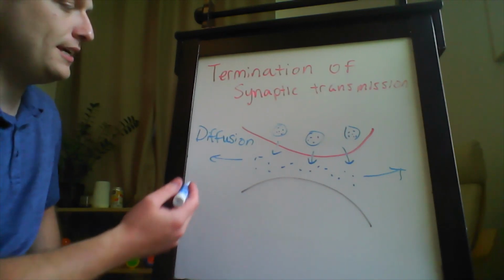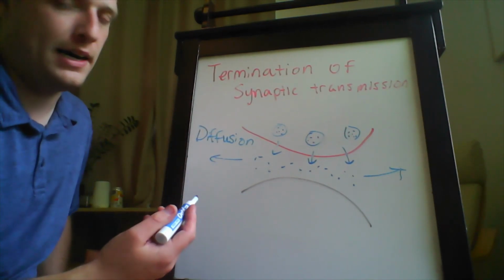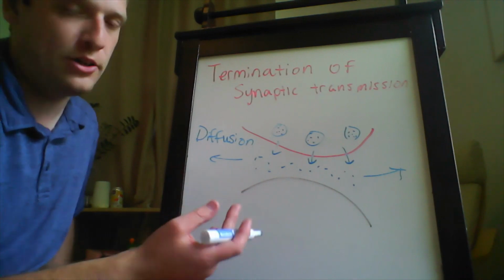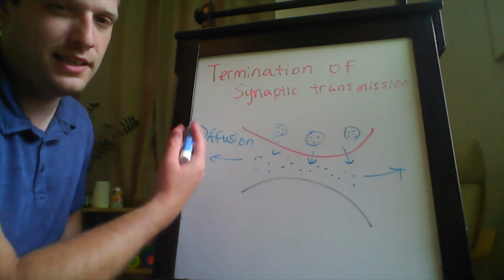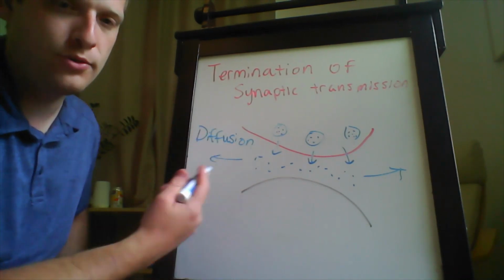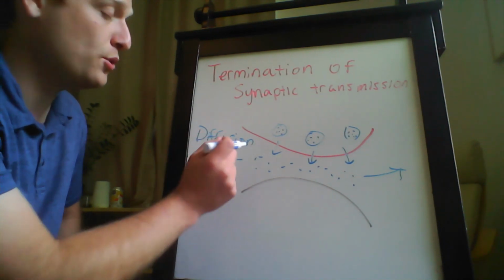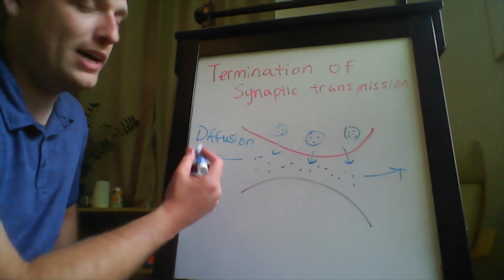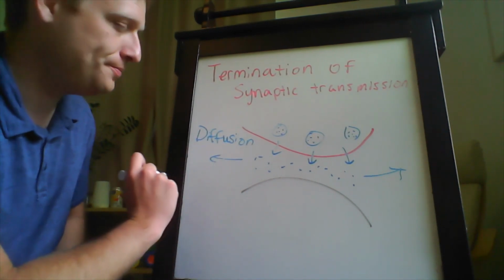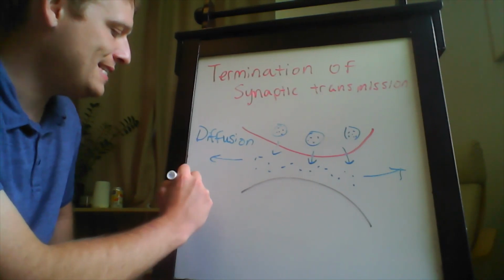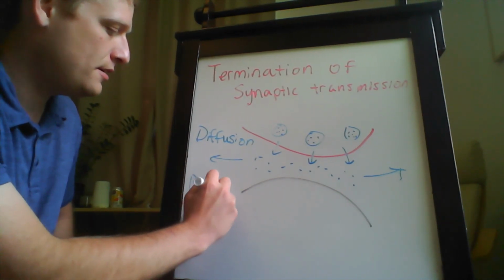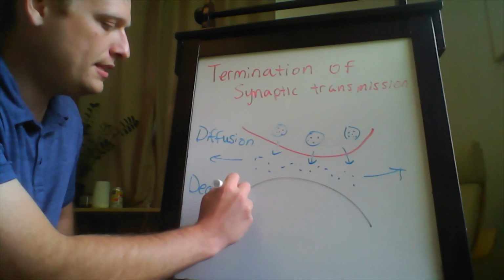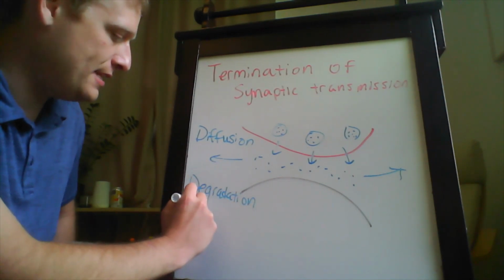And eventually it might get reabsorbed by or absorbed by some other cell, some other neuron that's in the vicinity. So diffusion and reabsorption or absorption is one way to remove neurotransmitter. The next way is degradation. And this is going to be a function of enzymes.